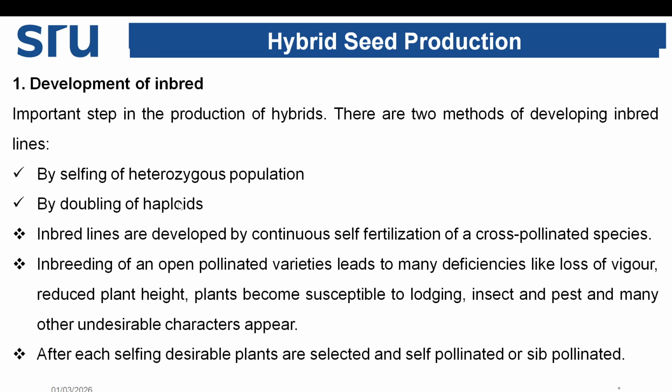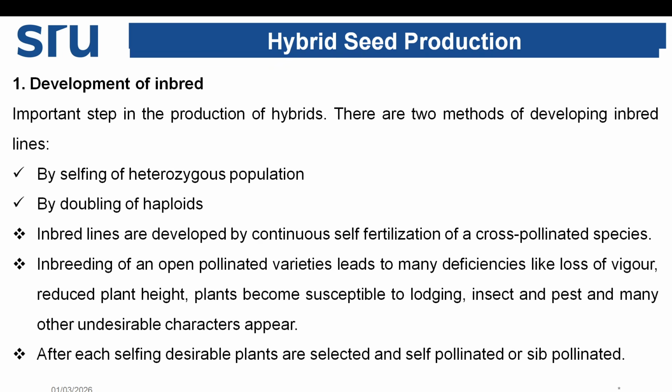The second is by doubling of the haploids. These inbred lines are developed by continuous self-fertilization of cross-pollinated species. Inbreeding of an open-pollinated variety leads to many deficiencies.